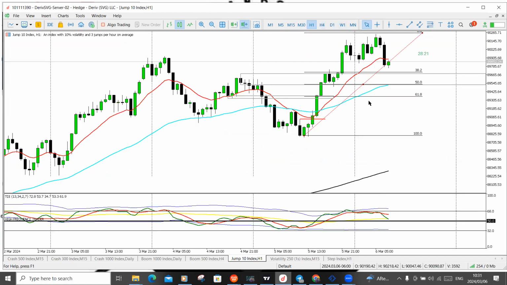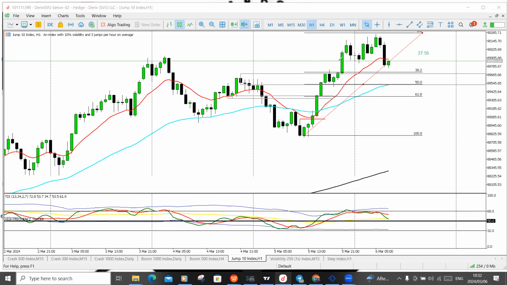So if you go to H1, you see that that level is lining up with the 50 EMA. And we also have a demand zone here. So if price can come back a little bit lower and create a new pattern here, then we can consider buys. So as long as they respect this area, J10 will continue being bullish. So that's my current setup for today.